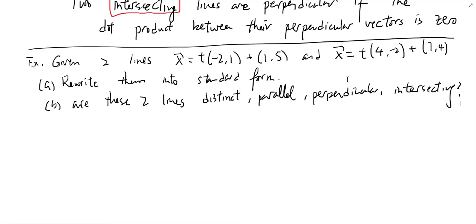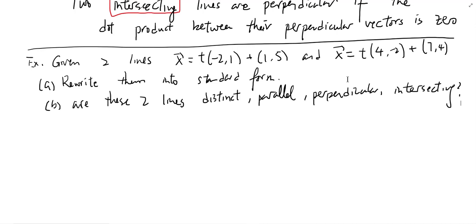Now, this important concept of rewriting a parametric form into standard form is essential, especially when you talk about planes and so on, which we will talk about later on. Parametric form is really complicated to deal with when you have more than one direction vector. So we will probably want to figure out the standard form of things.